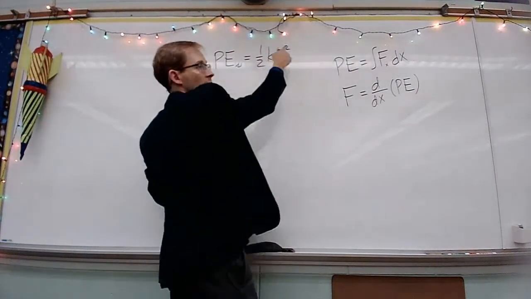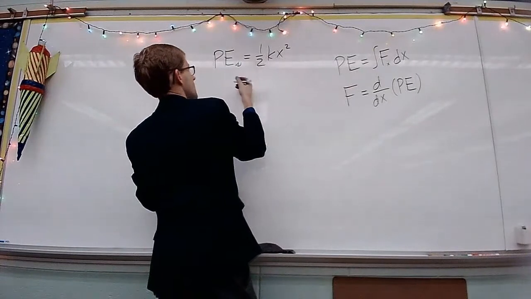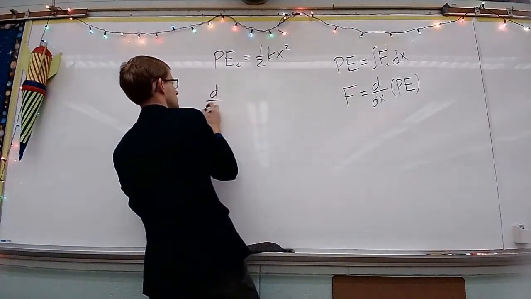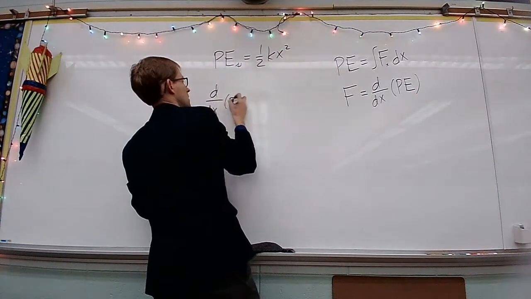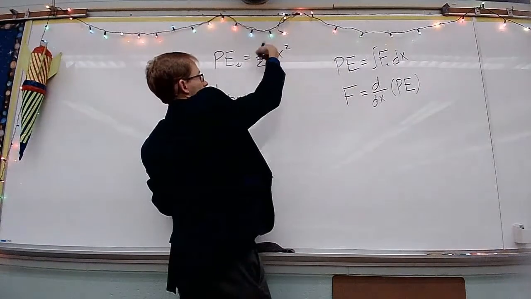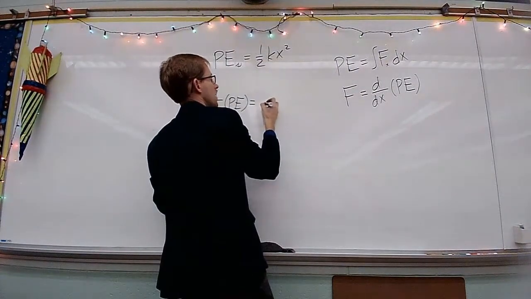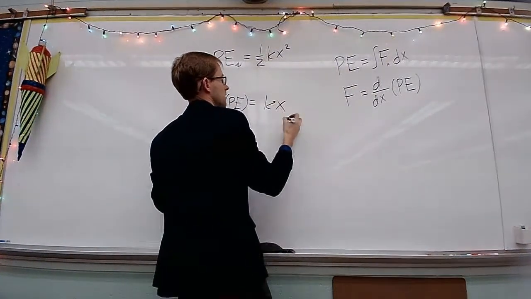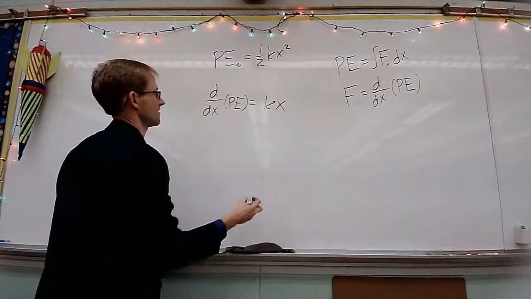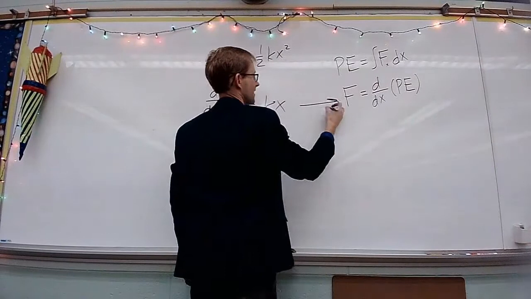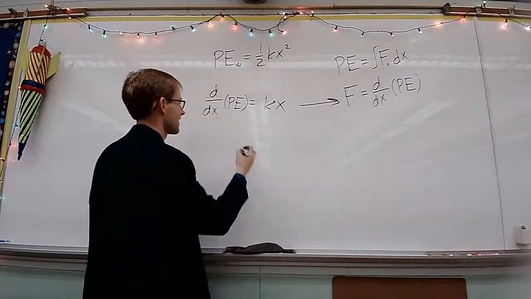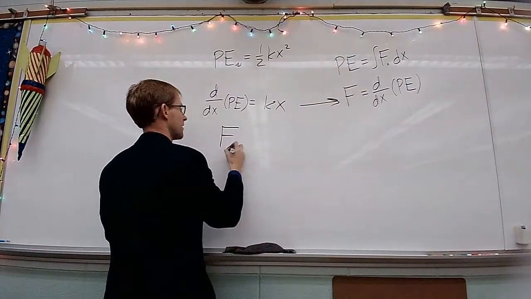You've got 1 less in your exponent then. So the derivative of potential energy is going to be equal to, the 2 and the 1/2 cancel out, kx, which is equal to force.